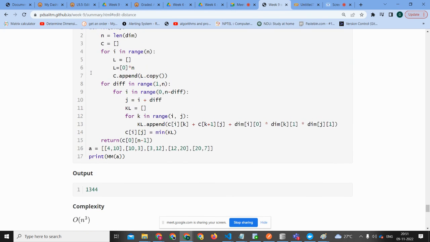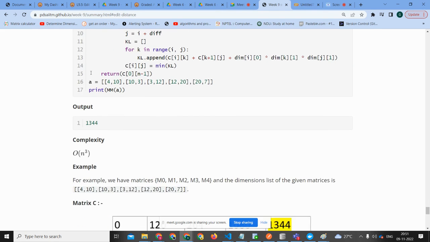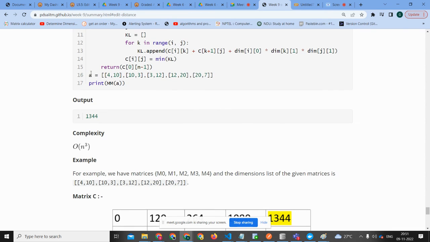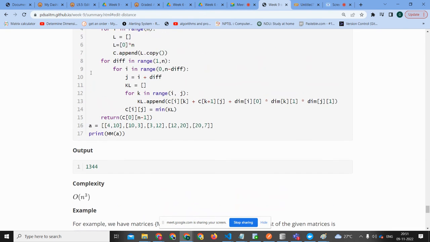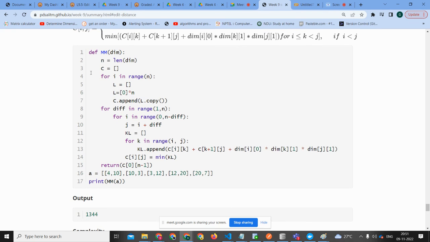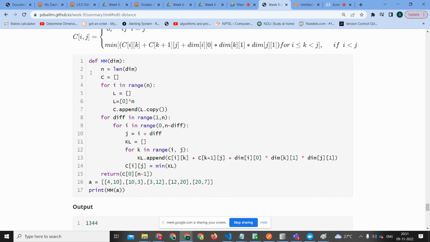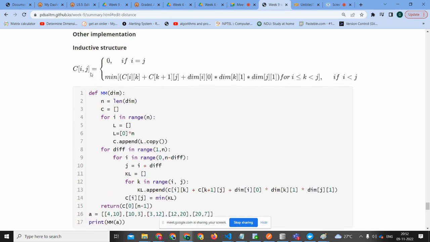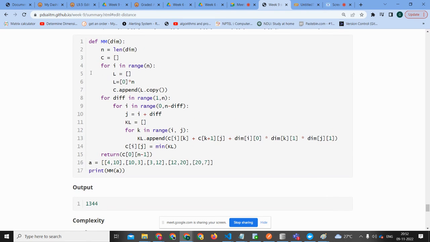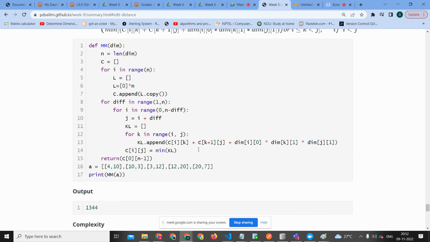Is the inductive structure giving a different time complexity? Inductive structure, we go for n cube. N cube, same. Then why do we go for the inductive structure? I'm not sure though. Compare the output, is it the same? At the end, the output should be the same, right?